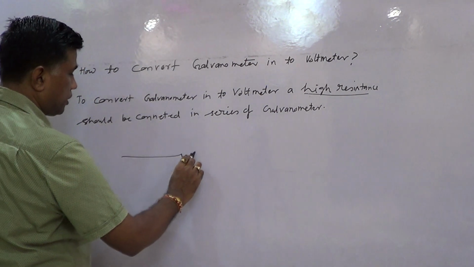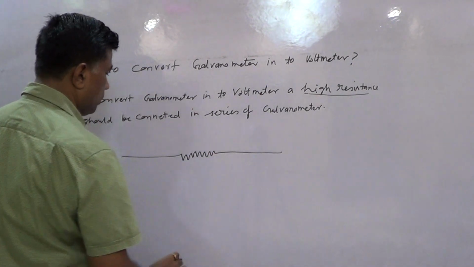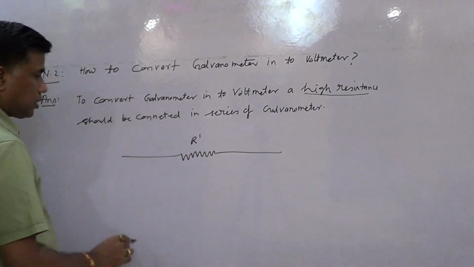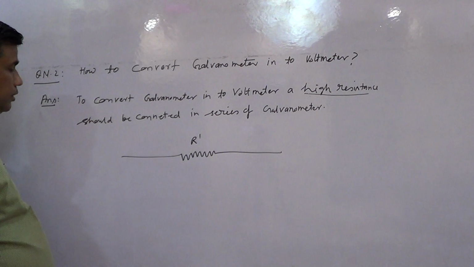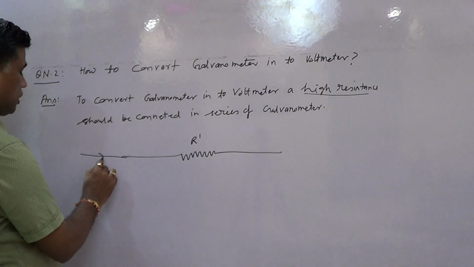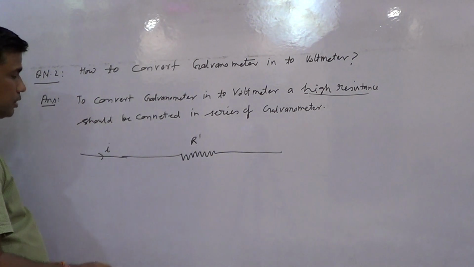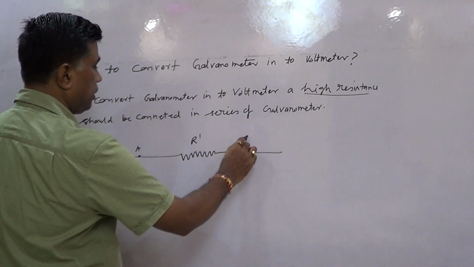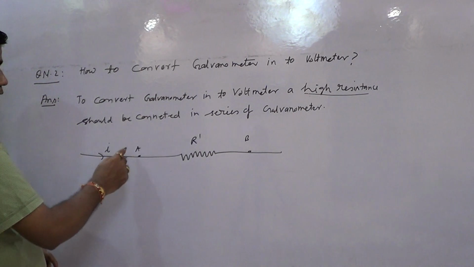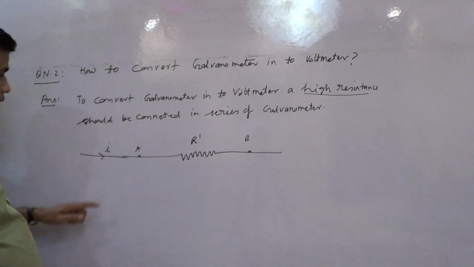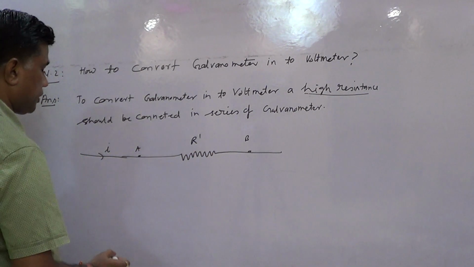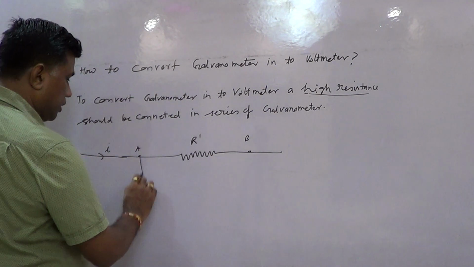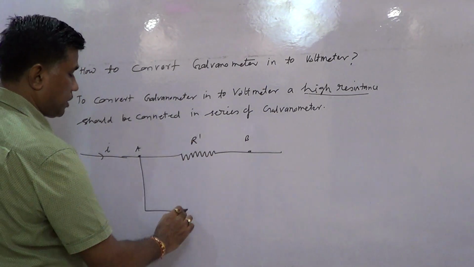Suppose there is a resistance R dash across which potential difference has to be measured. Suppose some current I is passing through it and there is some potential difference between these 2 points A and B. So to measure the potential difference between these 2 points, due to this current and resistance R dash, we have to connect a voltmeter parallel to this resistance.